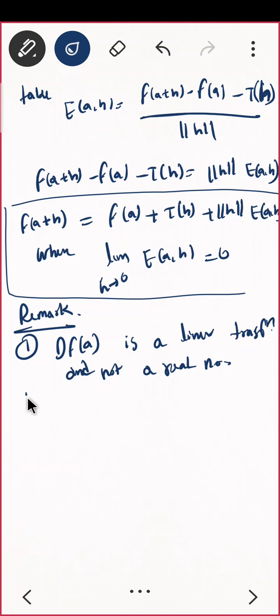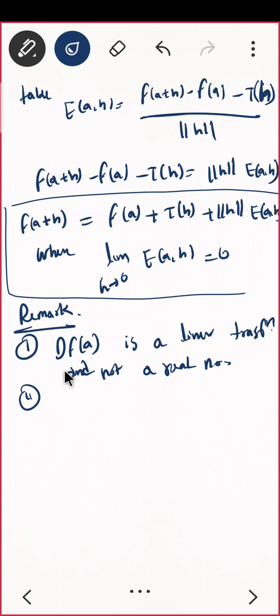What is the second thing? When will it be a real number? If we talk about it as in R, then also df of a will be a real number multiplied by some h.